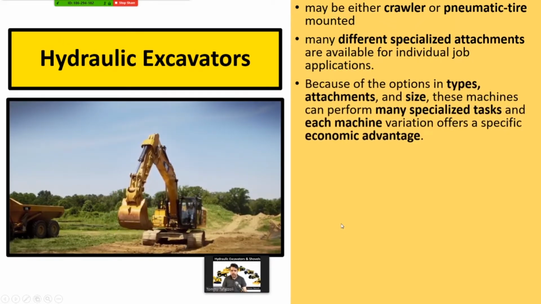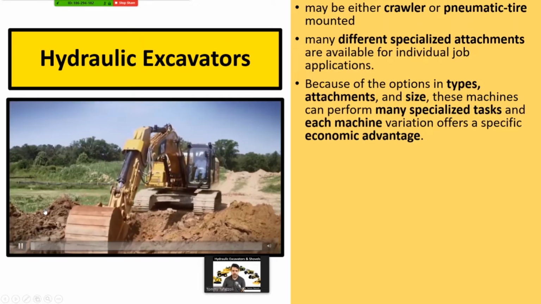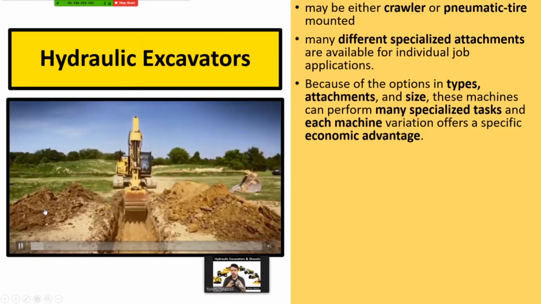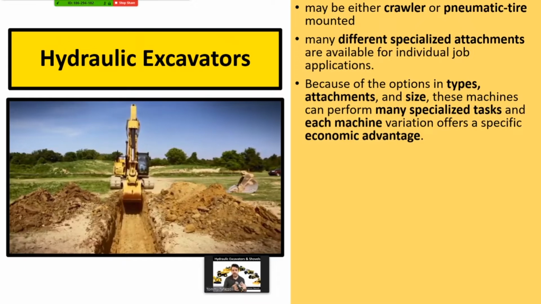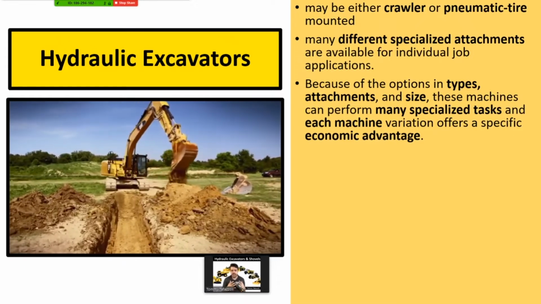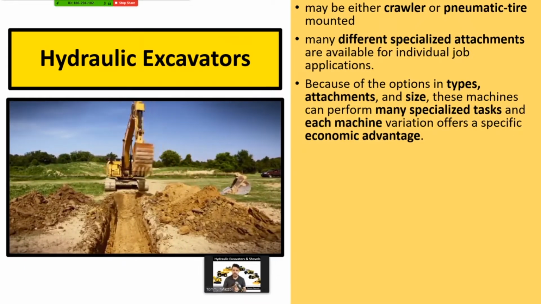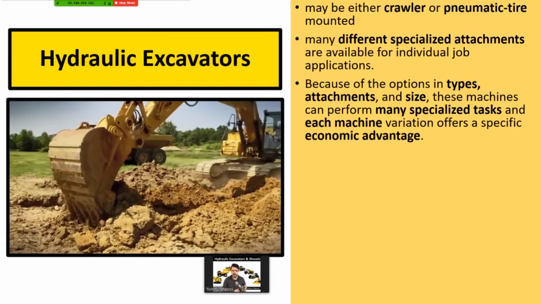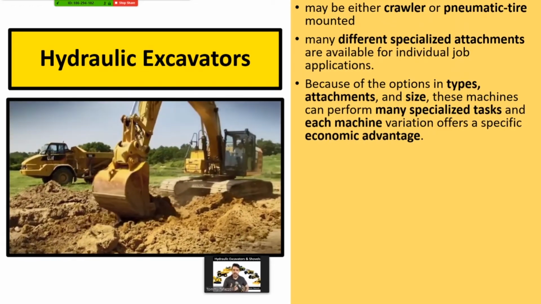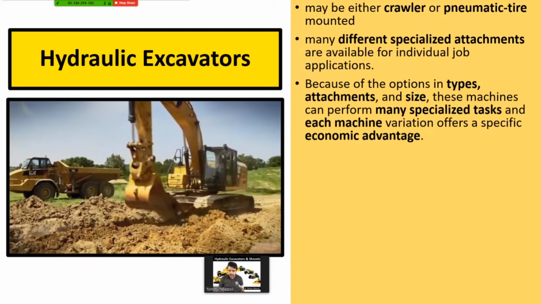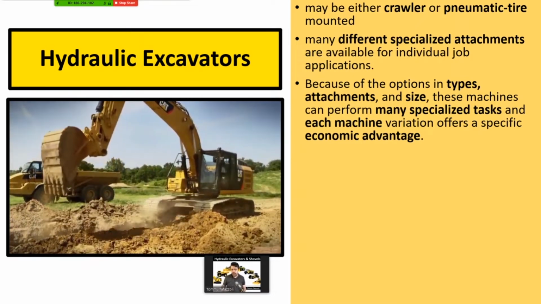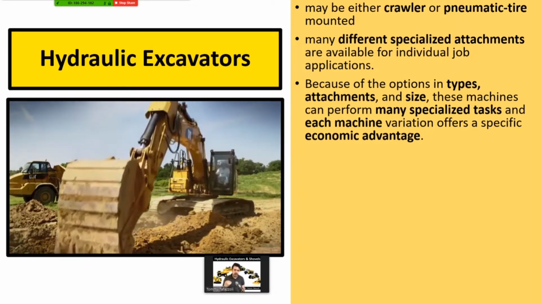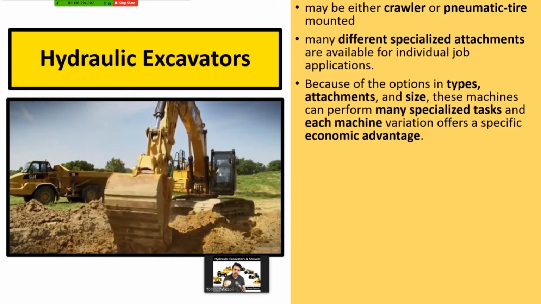So there is a variety of these machines. They are so diverse because there are many types of attachment, and they can also come in different sizes. Each one is good for a specialized task, and it's important to select the one that makes the most economic sense.